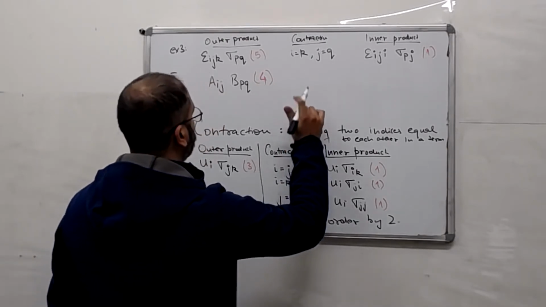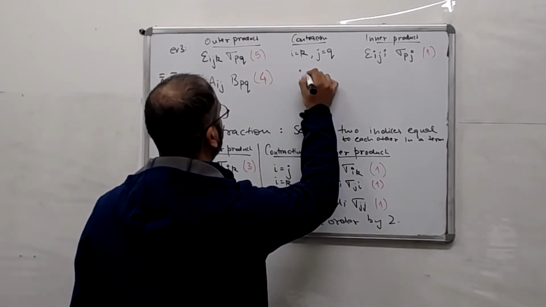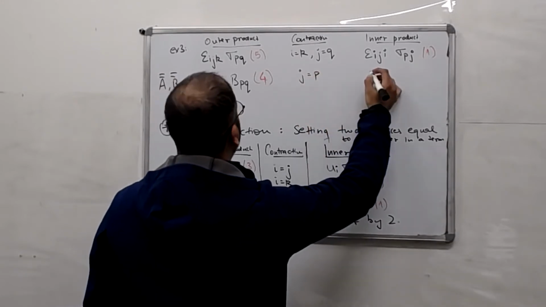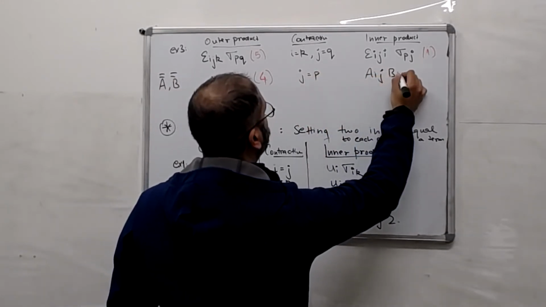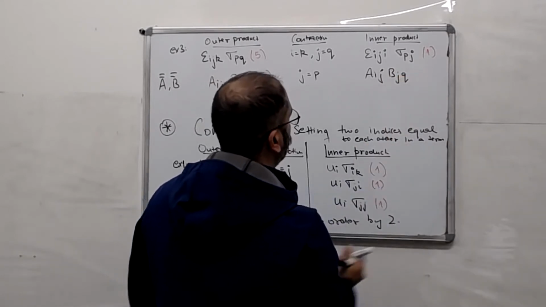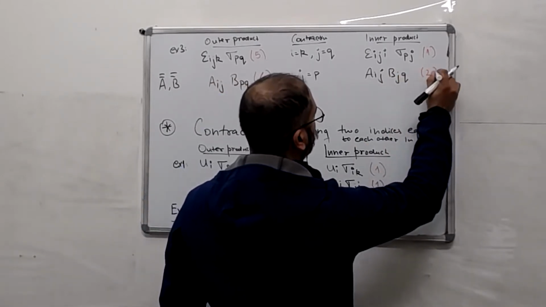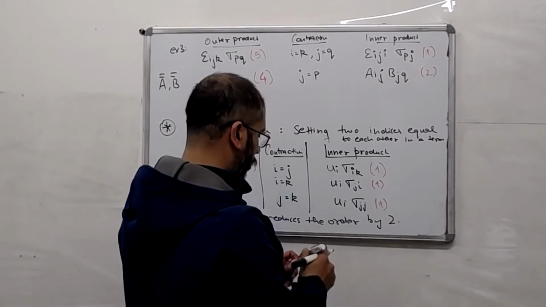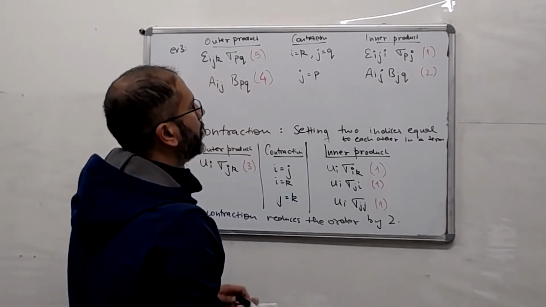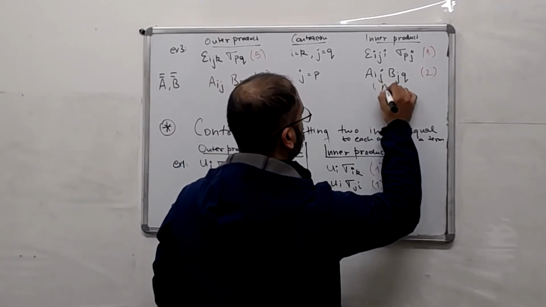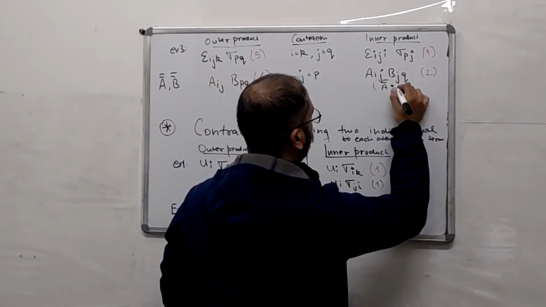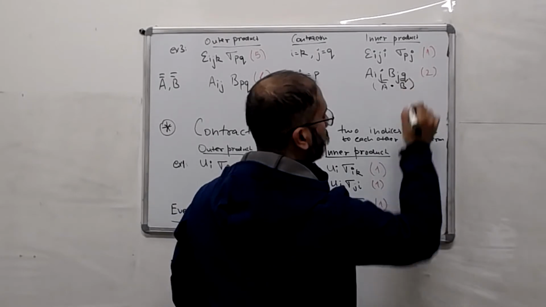And if I apply the contraction j equal to p, that gives me A ij B jq. So that's got an order of 2, 2 free indices i and q. We call this A tensor dot B tensor.